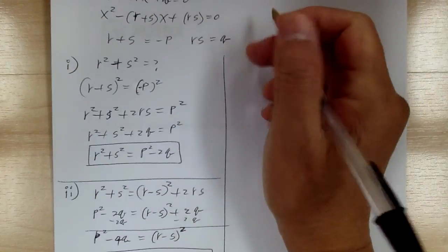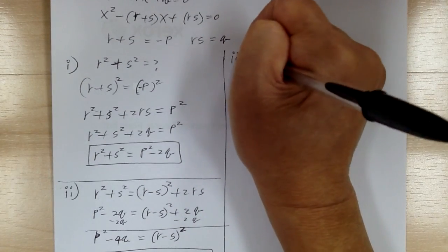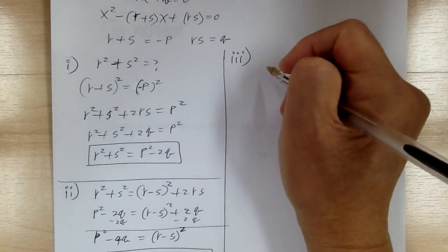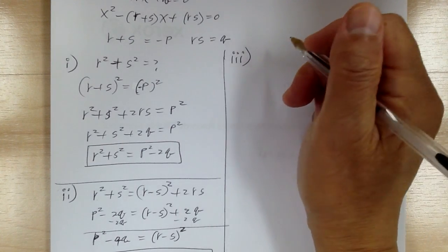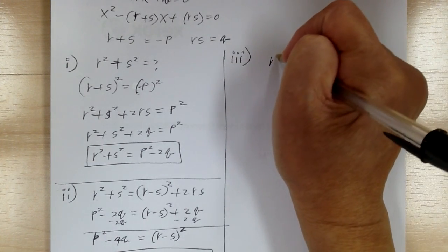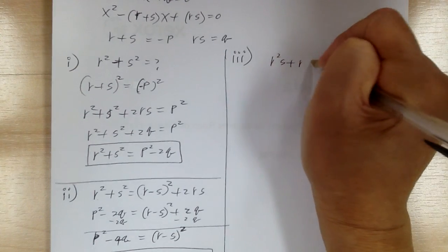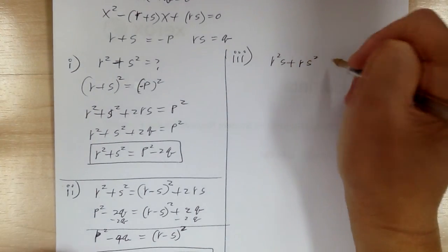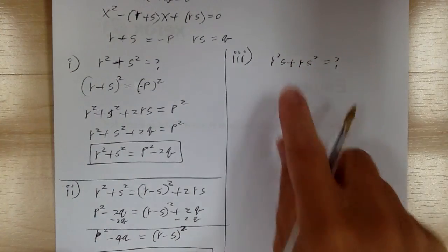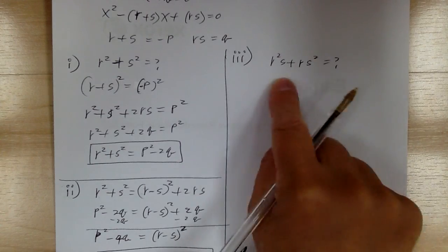Okay, let's go to the third one. Third one, we're looking for r squared s plus rs squared. Well first this is factorable, so I'm going to move this.